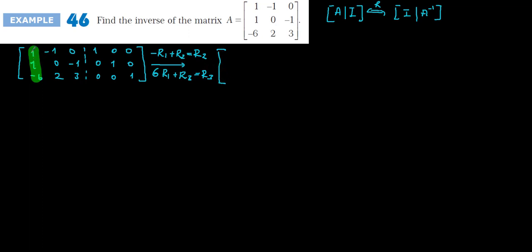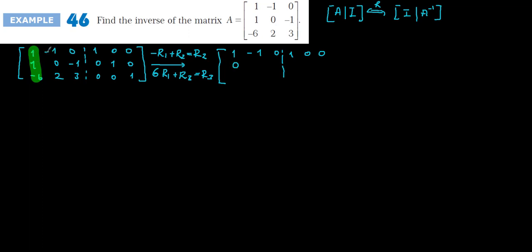Here, firstly, we are starting with R2, and since we are not changing R1, I'm going to write R1 as 1, -1, 0 here, 1 0 0. This row is not going to change, only R2 and R3 are going to change. So we are going to multiply R1 by -1, then we are going to add to R2. So it's going to be -1 plus 1, equal to 0.